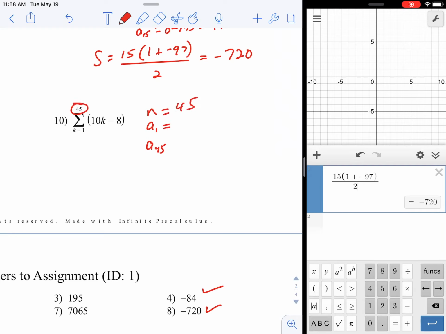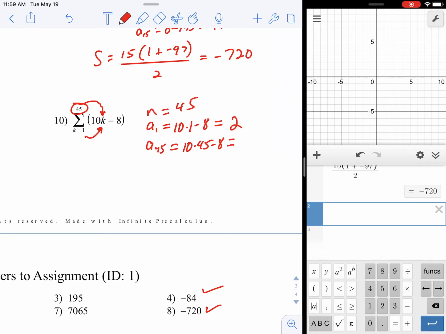A1 is what happens when you plug in a 1 right here. 10 times 1 minus 8. 10 times 1 is 10, minus 8 is 2. A45 is what you get when you plug a 45 in right there. 10 times 45 minus 8, 450 minus 8 is 442.